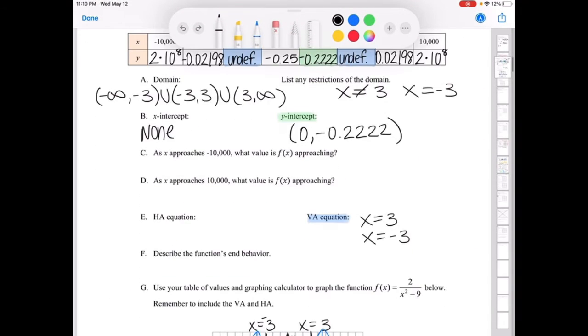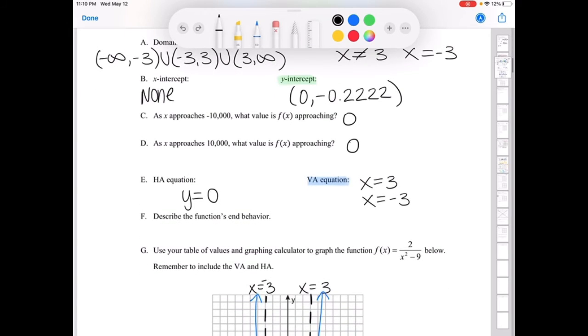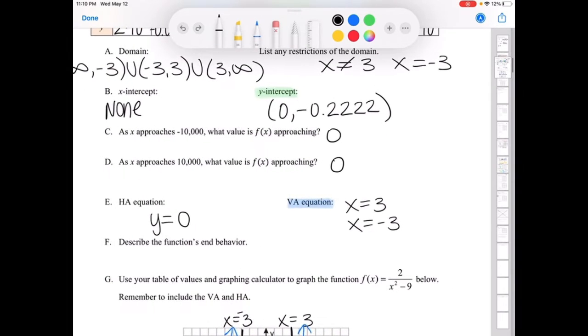So here that tells us that as we go to negative 10,000 or 10,000, we are approaching 0, and our horizontal asymptote is y is equal to 0. Just to reiterate, negative 10,000 is essentially saying negative infinity, and positive 10,000 is essentially saying positive infinity. So our end behavior is asking, as x is getting really large, what's happening?